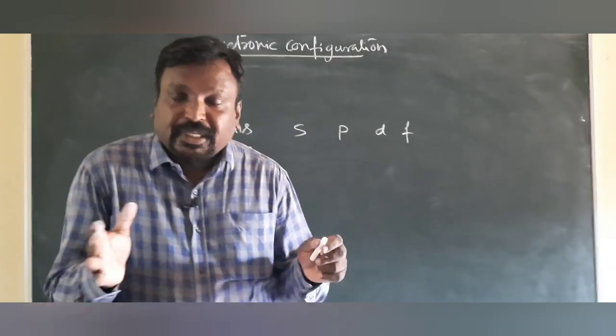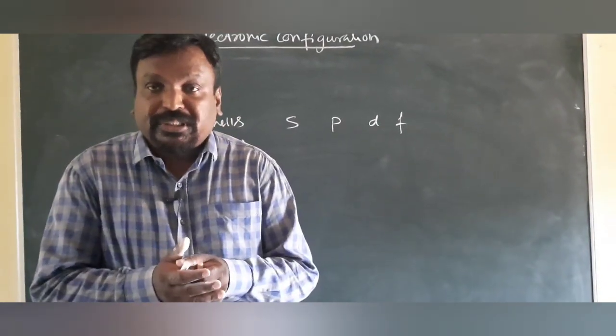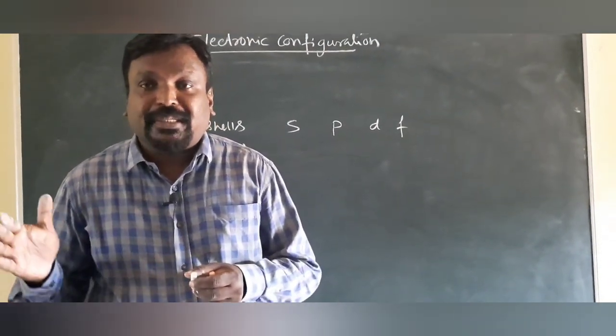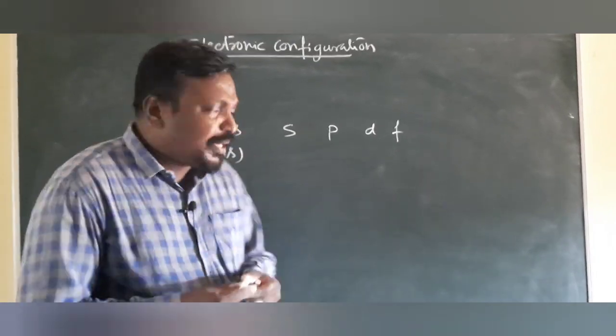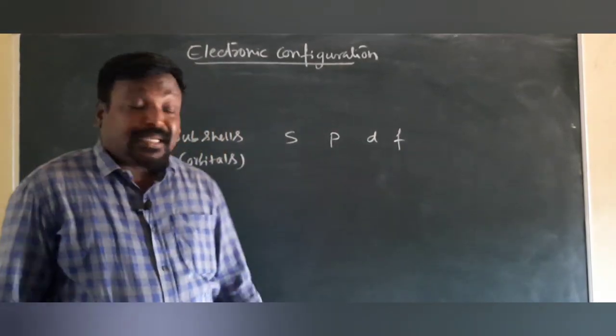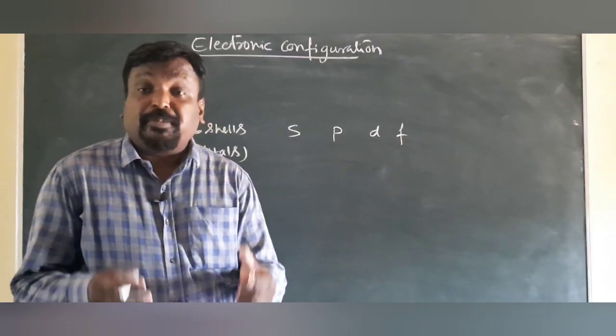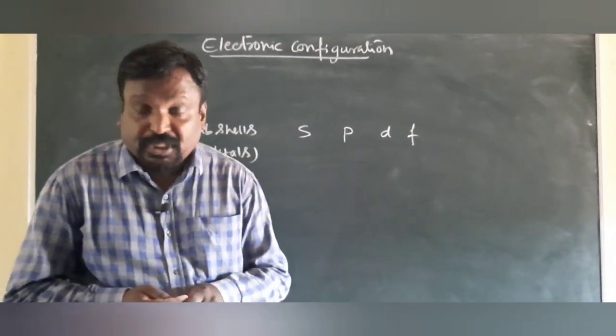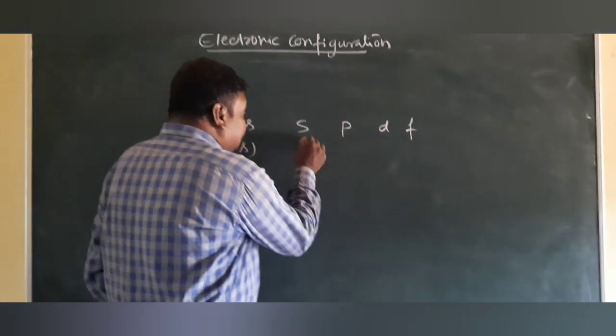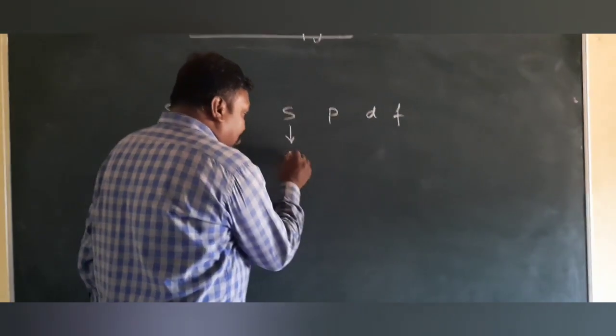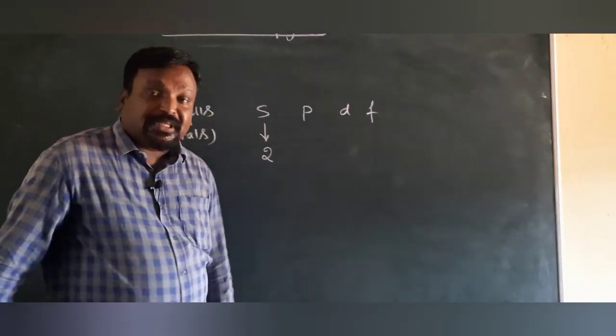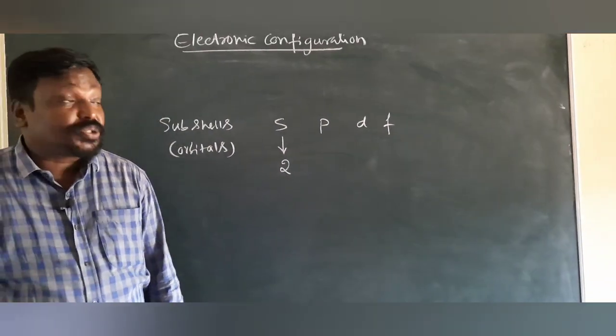As there is a maximum number of electrons in K, L, M and N shell, similarly here also in these subshells there will be a maximum number of electrons. If you take S subshell or S orbital, the maximum number of electrons in S orbital is 2.